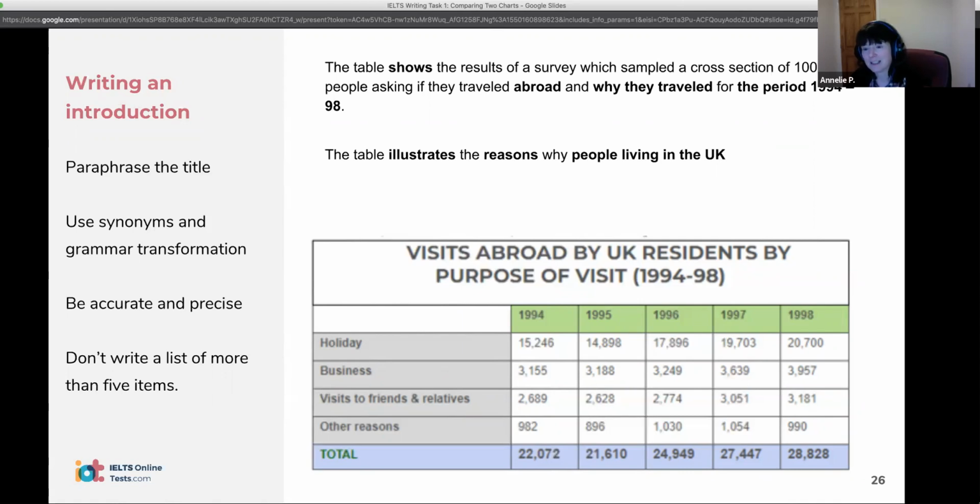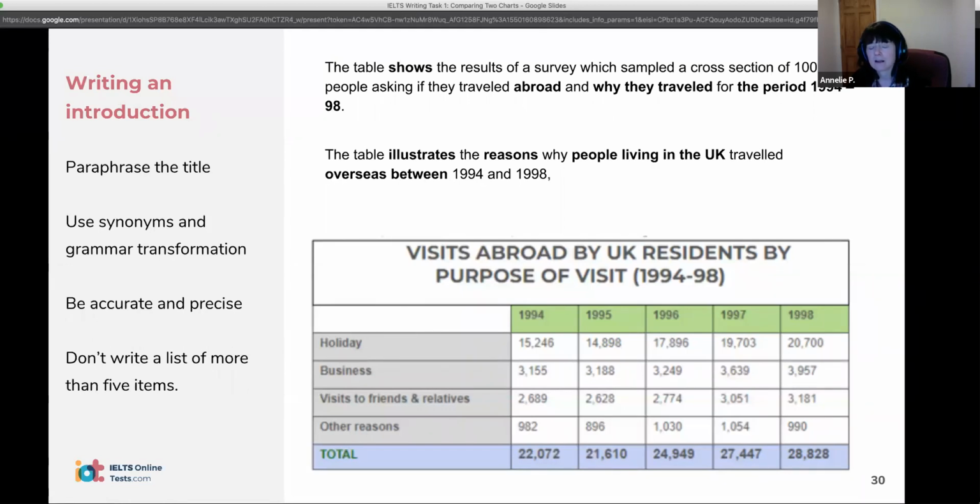And it's people living in the UK, so that's another way of saying UK residents. Traveled overseas. You could say to other countries, Barbara, that would be fine. Elia, that would work as well. And we want to change the time period as well. Patricia, very good, you could say from... to. If the second word is and, what goes with and? Very good, Barbara, Awad, Atta, between 1994 and 1998.